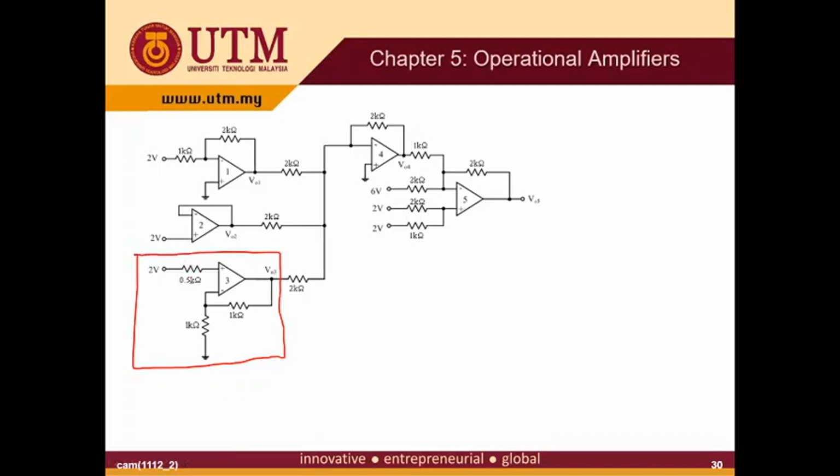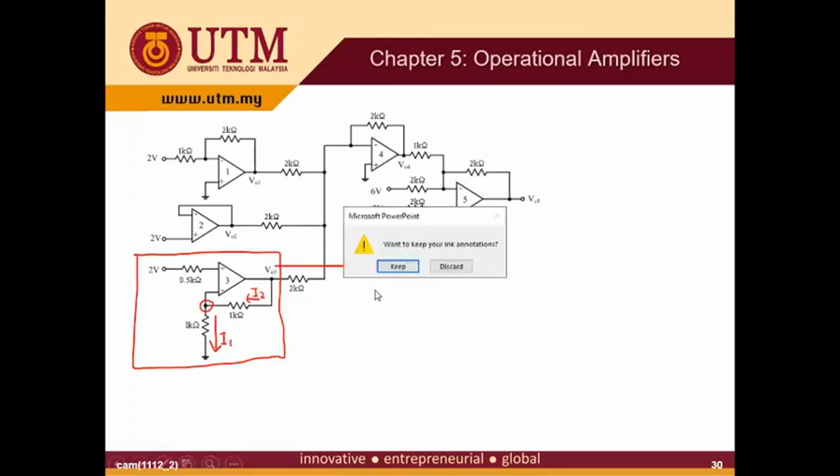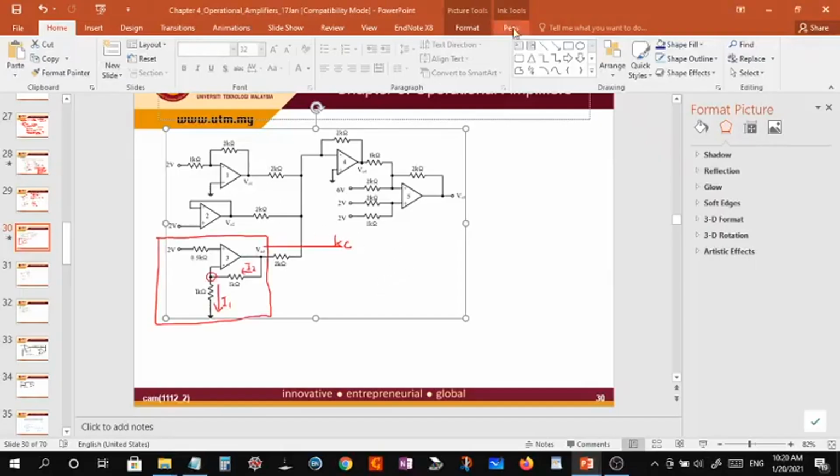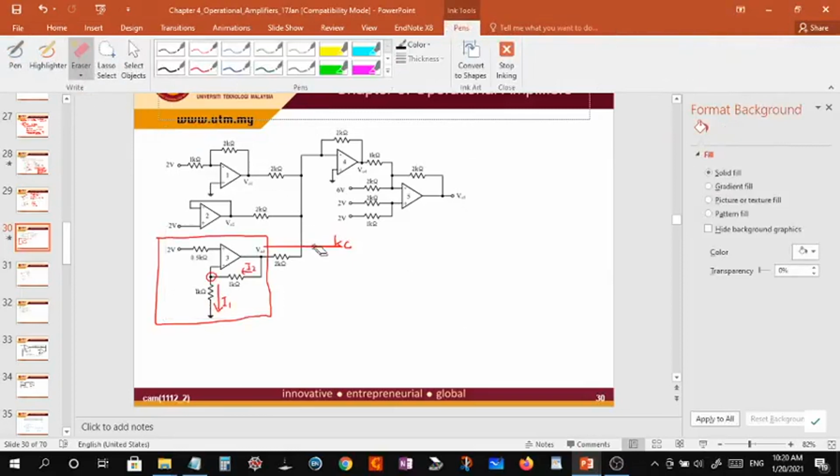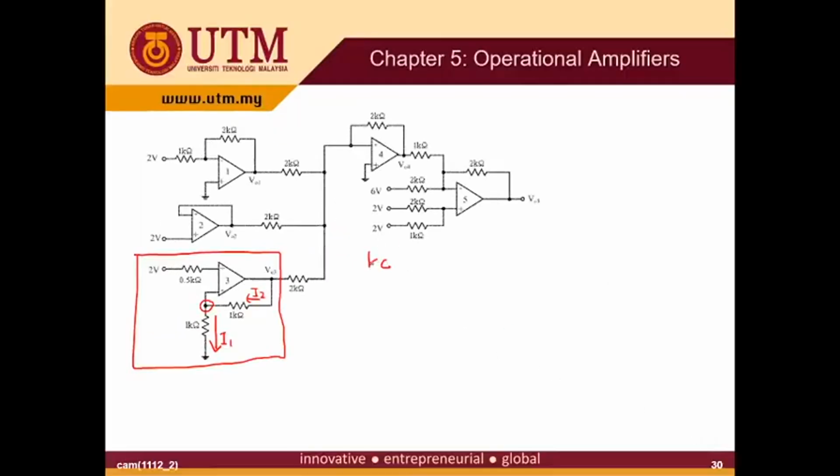We do the KCL, and right now the node is here. Let's say I put this as I1 and this as I2. For the KCL, I1 is exiting, I2 is entering. So minus I1 plus I2 is equal to 0. I1 is defined by Ohm's law.